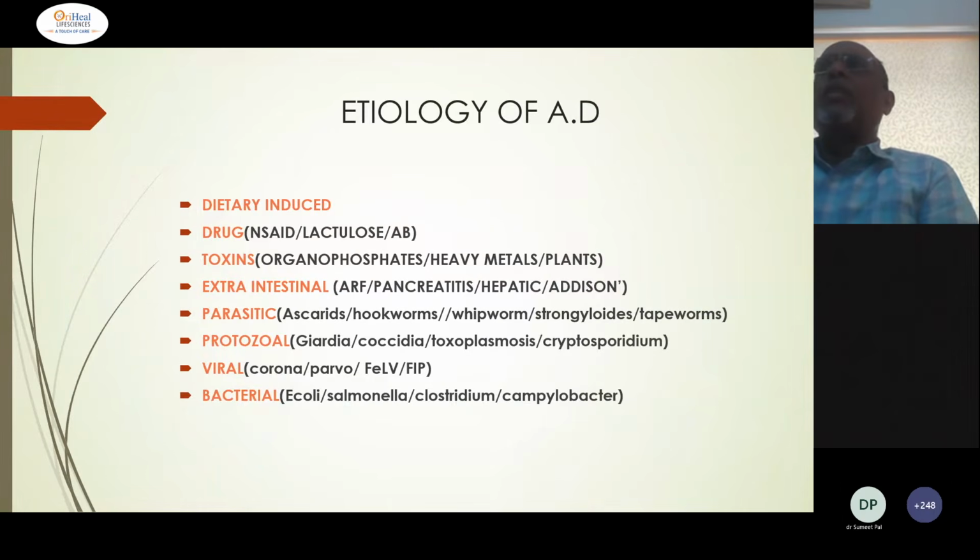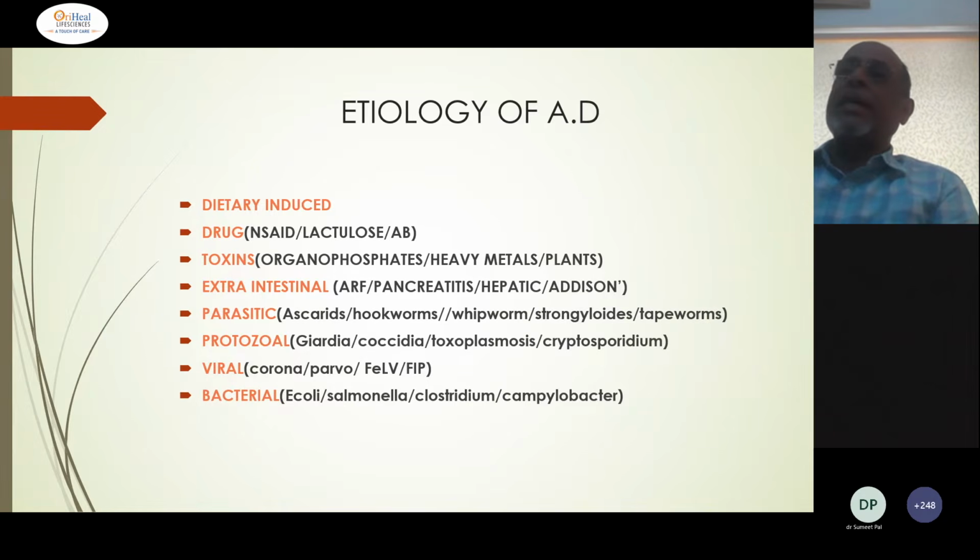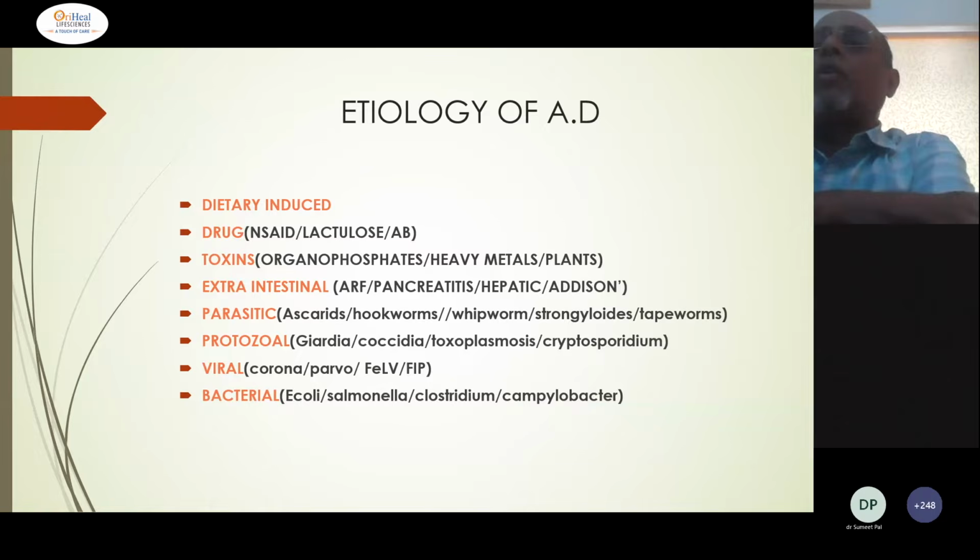So what are the etiologies of acute diarrheas? Usually dietary induced, and sometimes from history, drugs: non-steroidal anti-inflammatories, lactulose being given in a very high dose by somebody. Sometimes antibiotics can cause severe diarrhea. Toxins, specifically organophosphates, heavy metals, and plants can cause severe diarrhea.